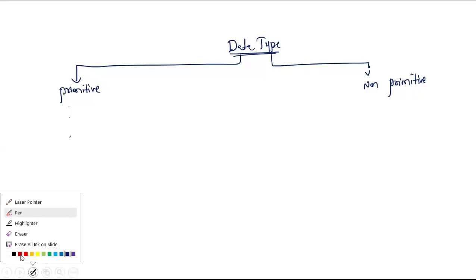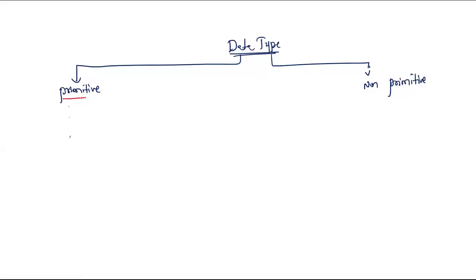But the point is, by using primitive, is it possible to store more than one value at the same time? For example, if you are using integer as the data type, x is a variable name, assignment operator, can we store 10? Semicolon. Is it correct syntax? int x equals 10. Yes, it is correct.